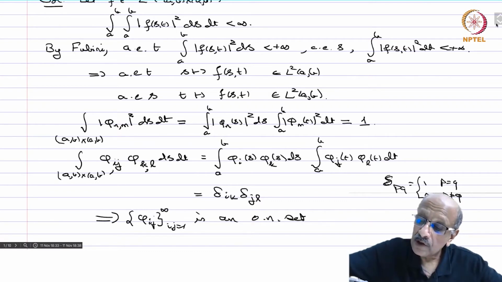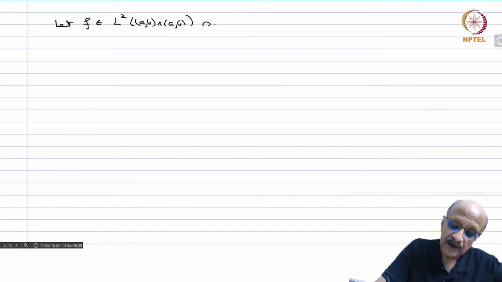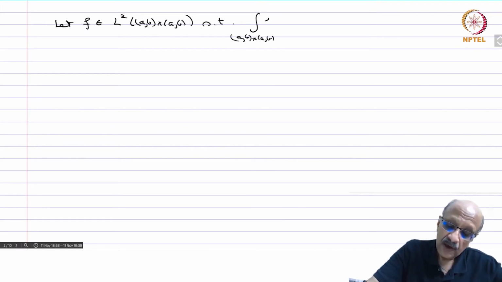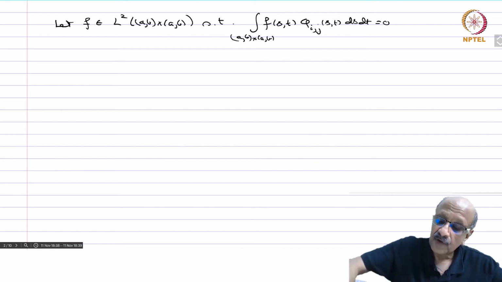So now we have to show that it is complete. So let f belong to L2 of AB cross AB such that the integral over AB cross AB of f(s,t) phi ij(s,t) ds dt equals 0 for all ij.